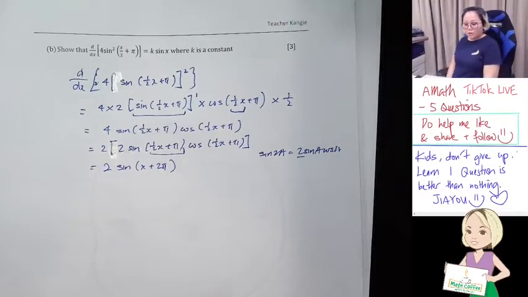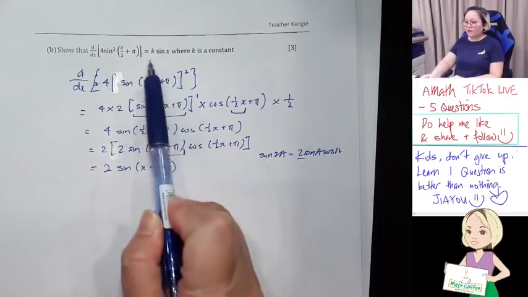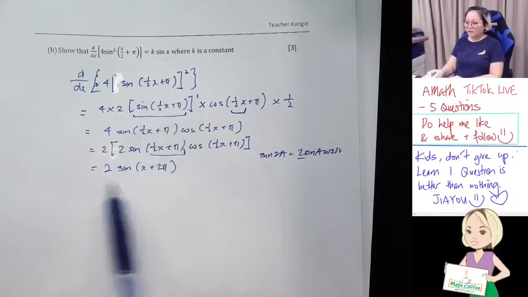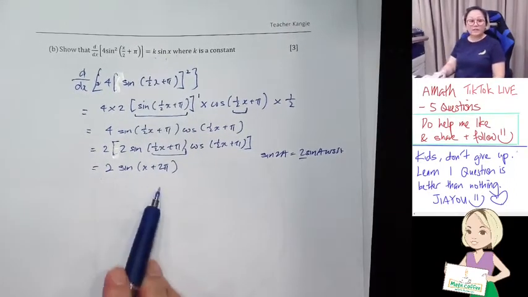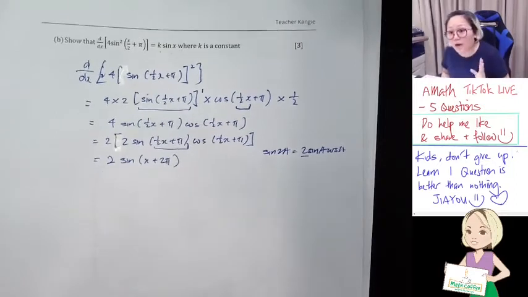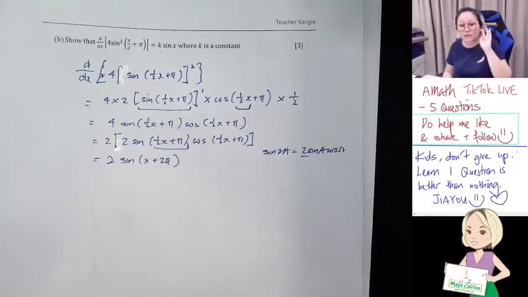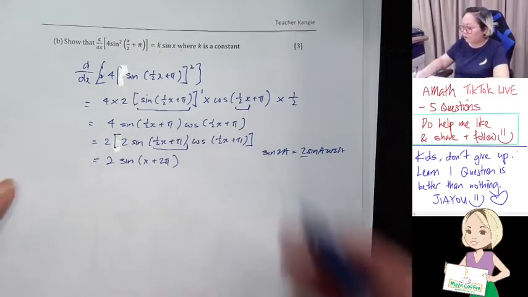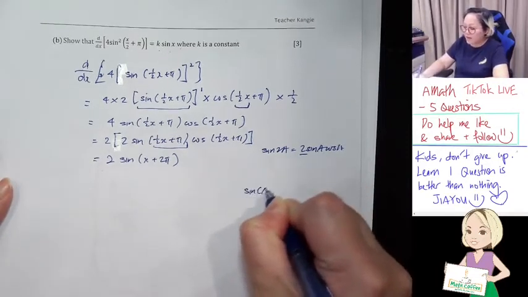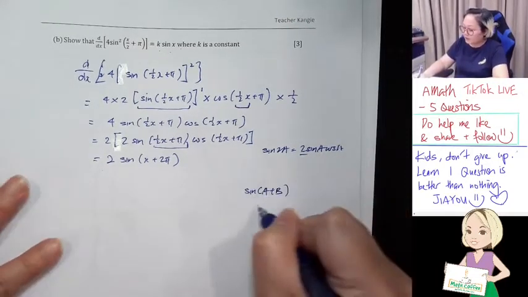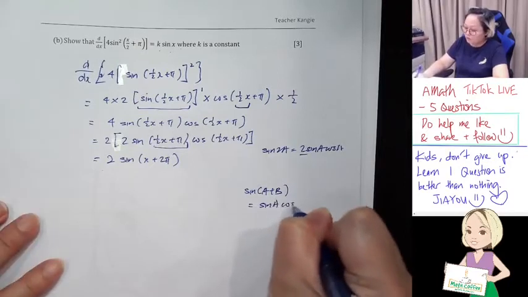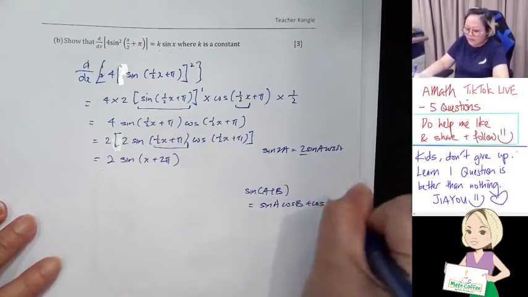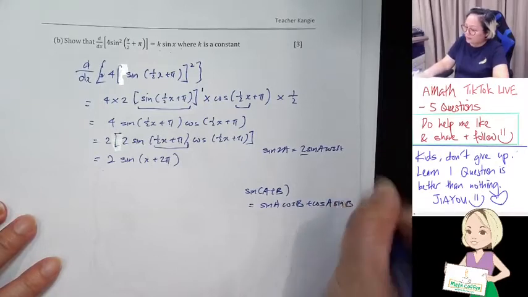But we are not complete yet because they ask you to put it into the form of k sine x. This is still not done yet because this is not x yet. Then you have to apply the addition formula. This is a tough one, because it uses double angle and also addition formula. So over here, sine A plus B equals sine A cosine B plus cosine A sine B. This one is from the formula sheet.